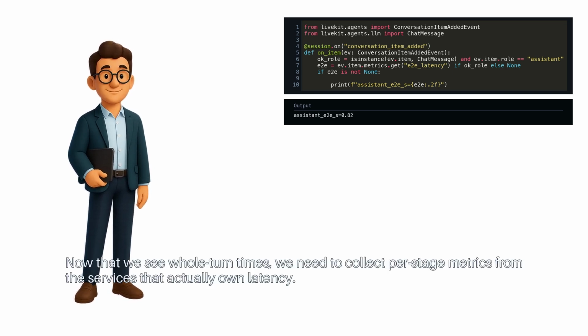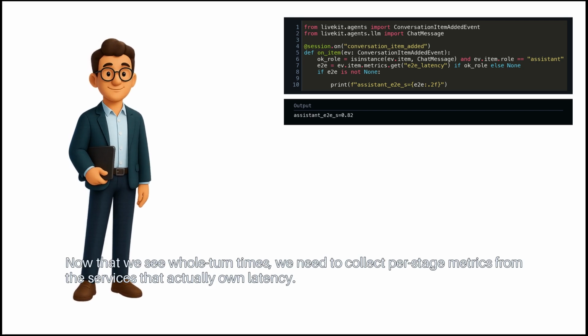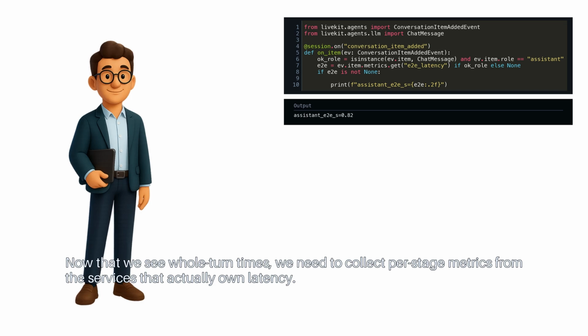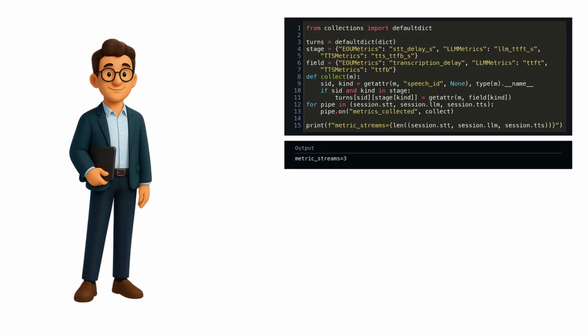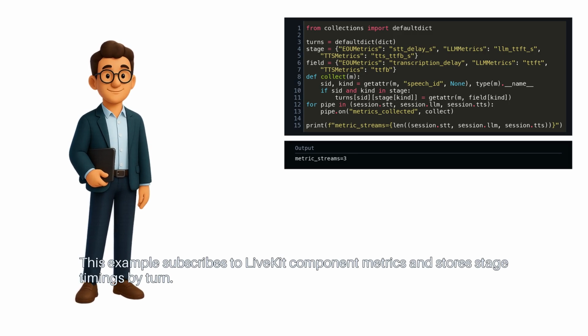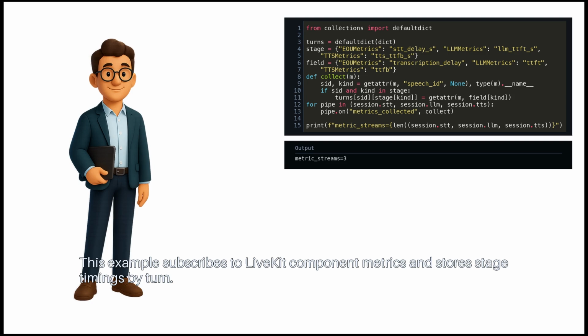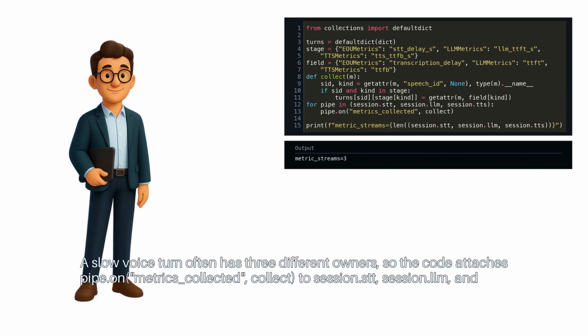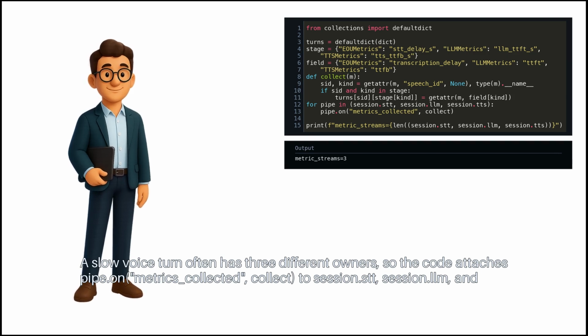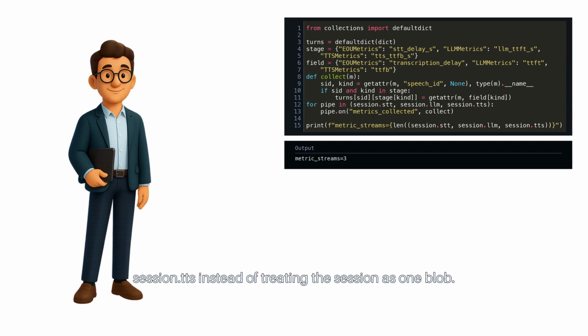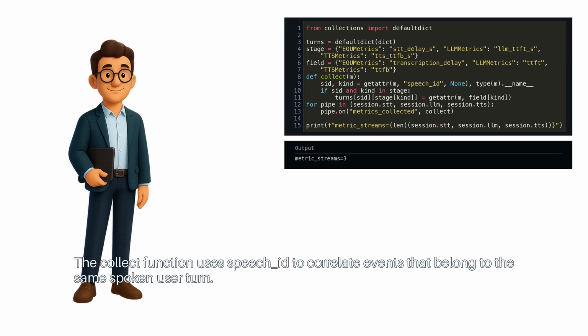Now that we see whole turn times, we need to collect per stage metrics from the services that actually own latency. This example subscribes to LiveKit component metrics and stores stage timings by turn. A slow voice turn often has 3 different owners, so the code attaches the metrics collected handler to session.stt, session.llm, and session.tts instead of treating the session as one blob. The collect function uses speech ID to correlate events that belong to the same spoken user turn.